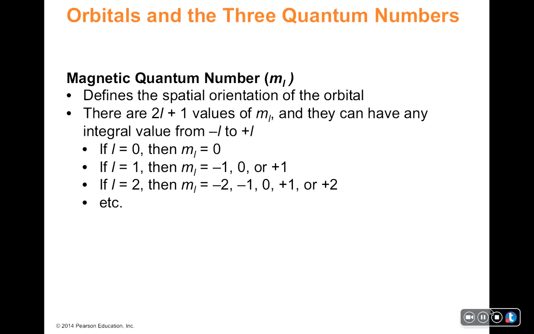So you can see below here, if L equals 0, then M sub L equals 0. If L equals 1, then M sub L can equal -1, 0, or +1. If L equals 2, then M sub L can equal -2, -1, 0, +1, or +2. And these, again, define how these orbitals are arranged in space. I think this will be more clear when you see some pictures of these in a moment.